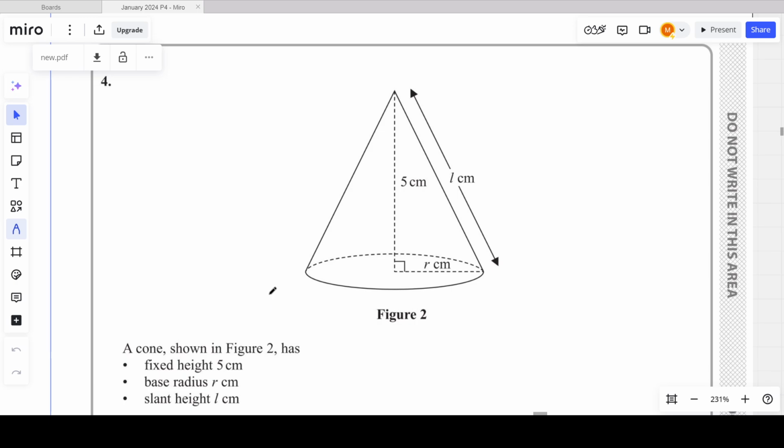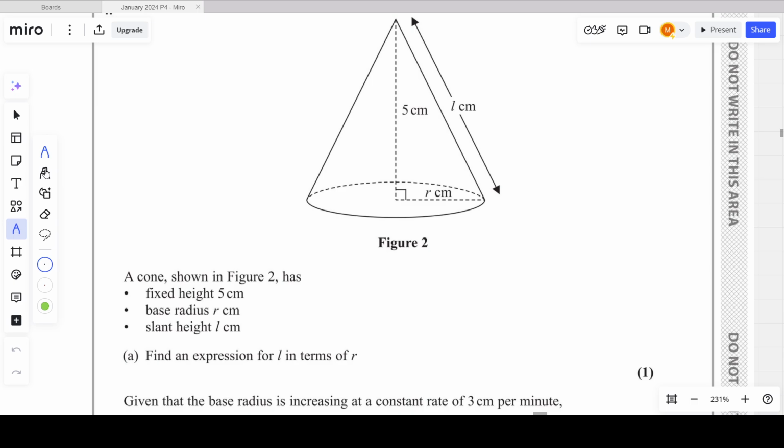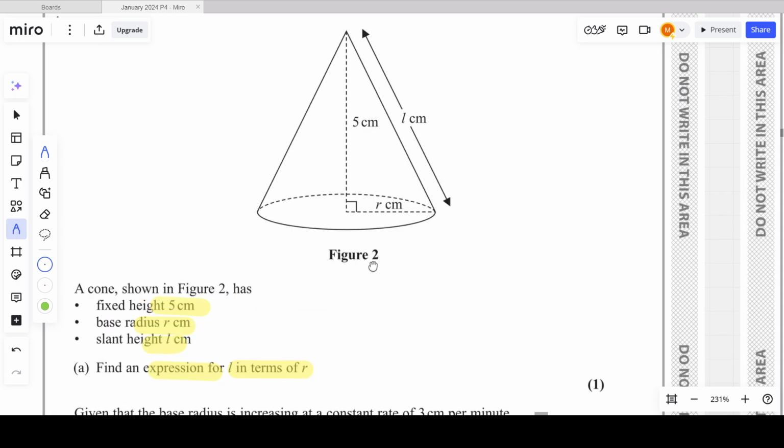A cone shown in figure 2 has fixed height 5 centimeters, base radius R centimeters, slant height L centimeters. Now part A, they are asking to find an expression for L in terms of R. We need to find an expression for the slant height L of this cone in terms of the base radius R. So this is simple, for 1 mark.